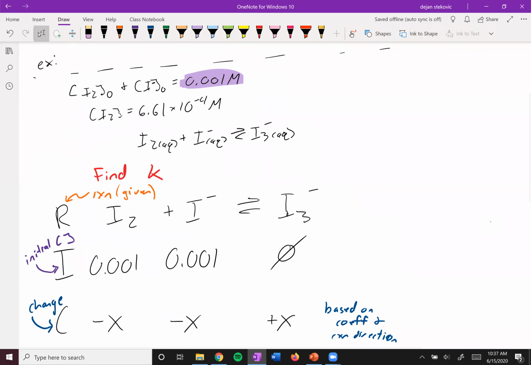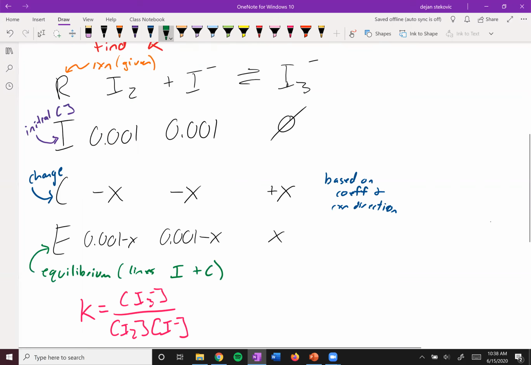And then we're given one more piece of data in our problem, and that is that the concentration of I2, oops, I should have put at equilibrium, the concentration of I2 at equilibrium is equal to 6.61 times 10 to the negative 4.